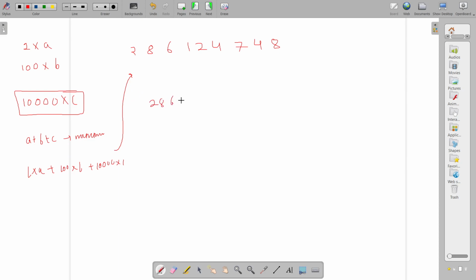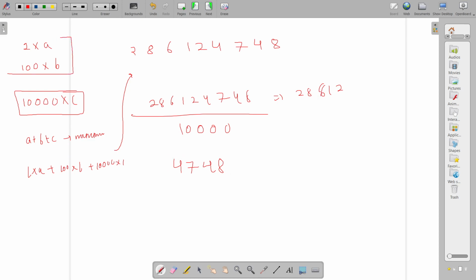Basically 28612472 divided by 10,000, which is 28612. So these many notes of 10,000 rupees we should take. Then what's the remaining amount left? It's 4748. If you pick this many 10,000 notes, then this much value remains, which you have to form using these two notes.